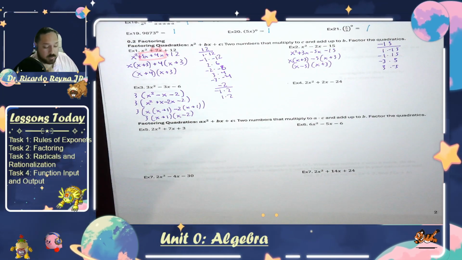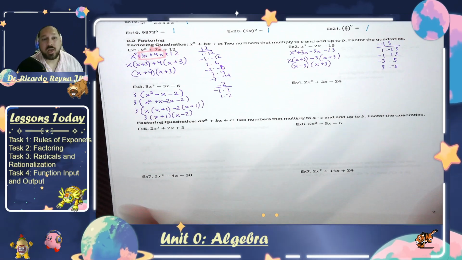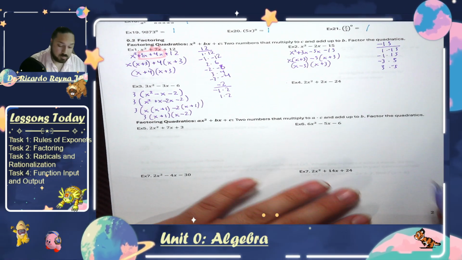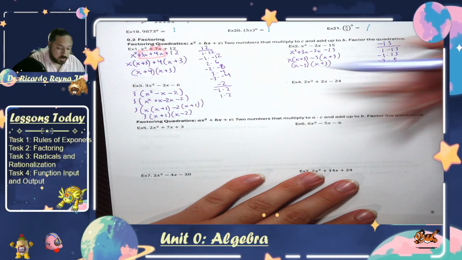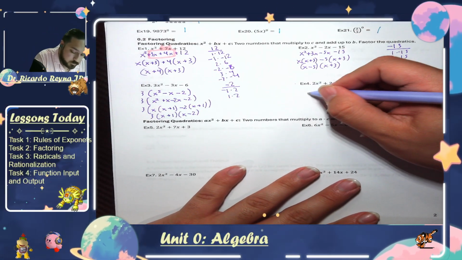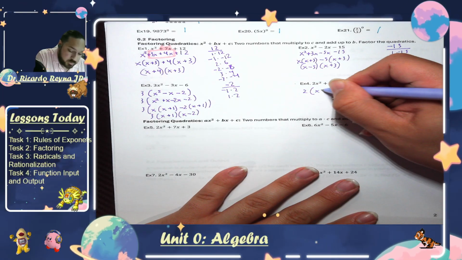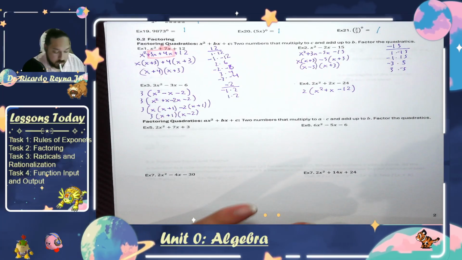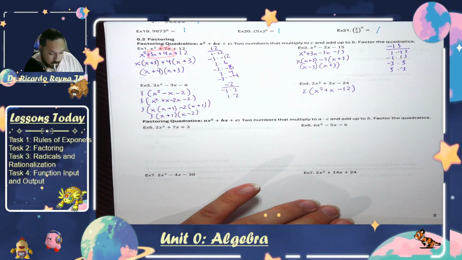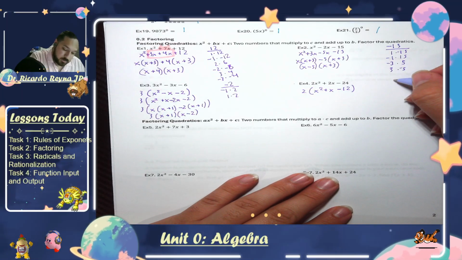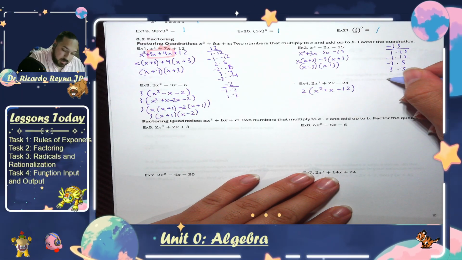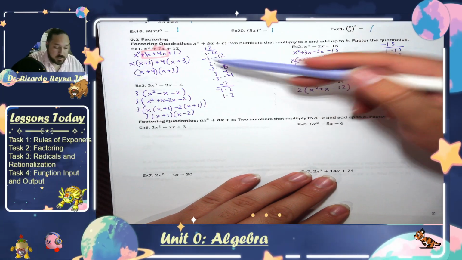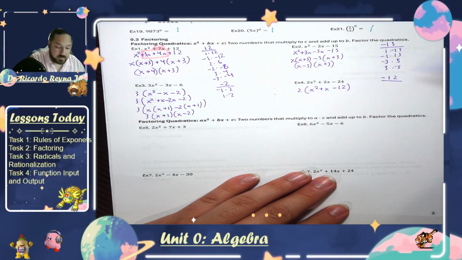Over here, a similar instance with the 2's. They all share a 2, so let's factor out the 2: 2 times parentheses x squared plus x minus 12. Okay. Let's see here. We have a negative 12. I was going to see if we can reuse the earlier factors, but we cannot because that one was positive and this is negative.